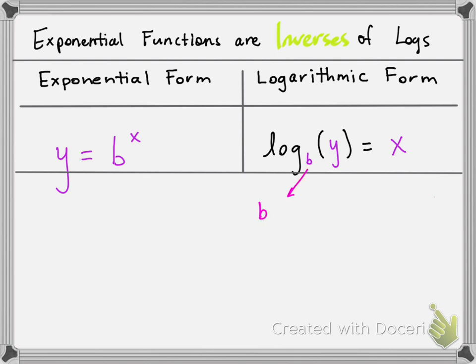So the base of a log can never be equal to 1, and the base of a log must always be greater than 0. The argument of a log, the y part in this case, is always going to be positive.